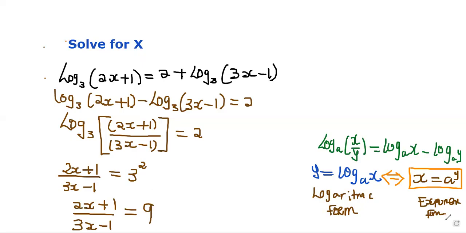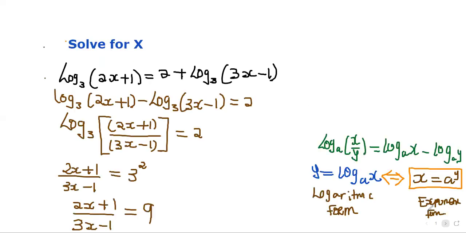From here, this is one concept that is very important. So let's write it properly. We're having (2x + 1) divided by (3x - 1) equals 9, because 3 squared is 9.